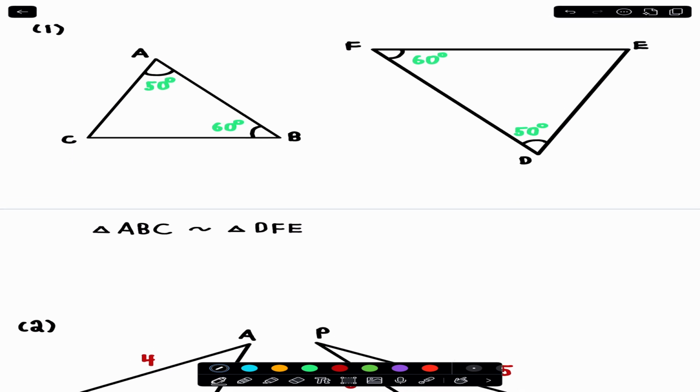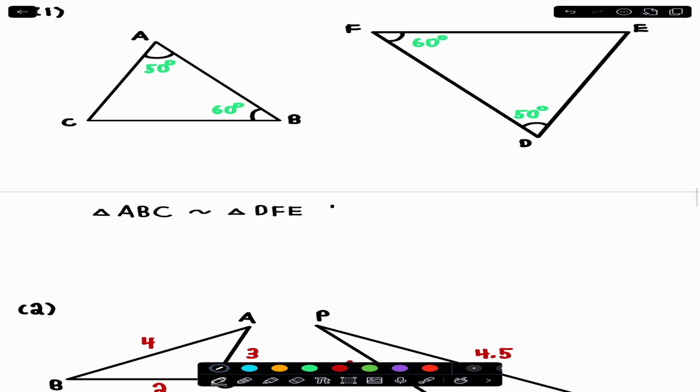Triangle ABC is similar to triangle DFE by, I'm not sure if I'm going to switch the colors every time, but you can say by AA similarity.